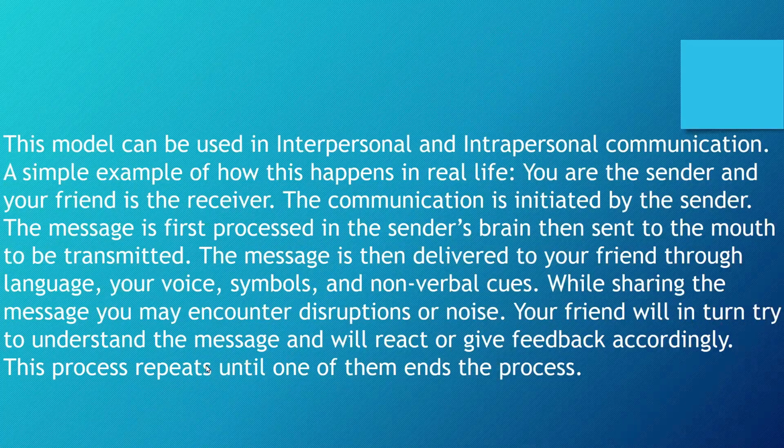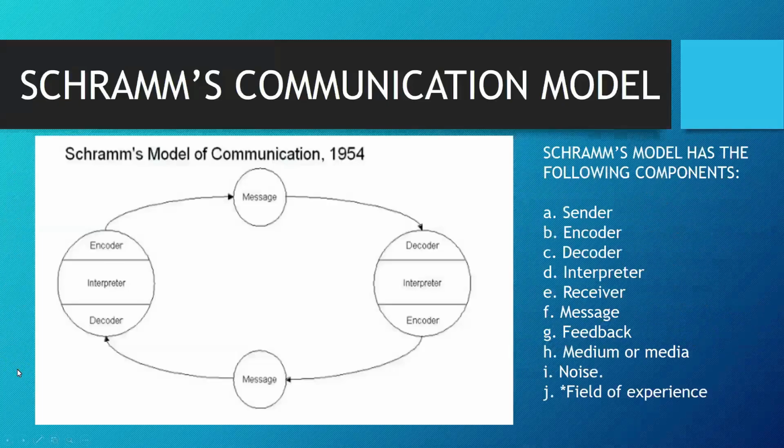While sharing the message, you may encounter disruptions or noise. So that is one of the barriers, the noise. Your friend will in turn try to understand the message and will react or give feedback accordingly. This process repeats until one of them ends the process. So that is Schramm's communication model.